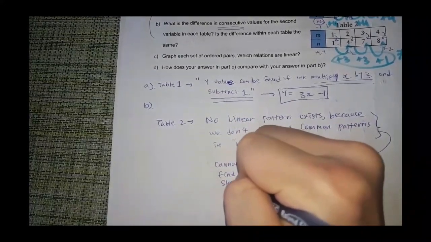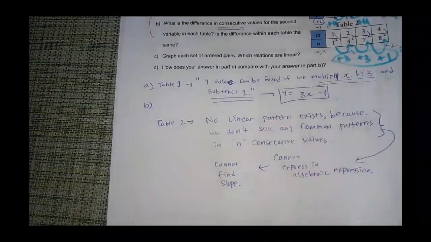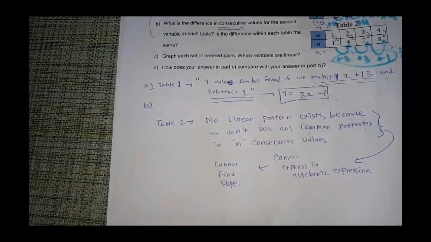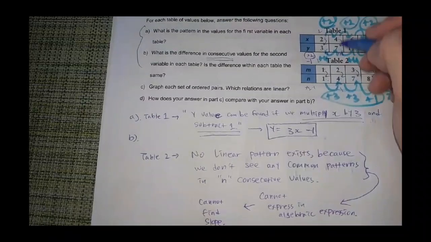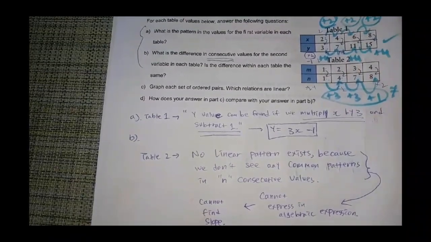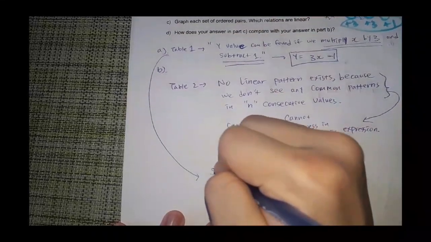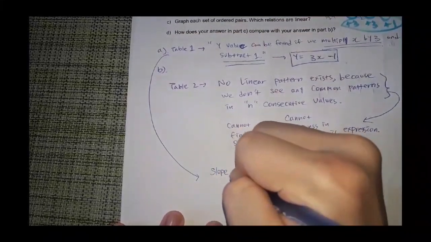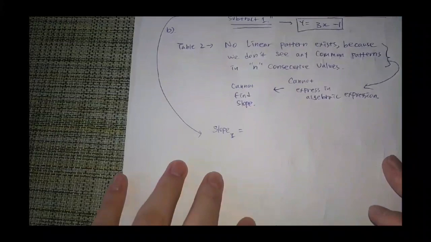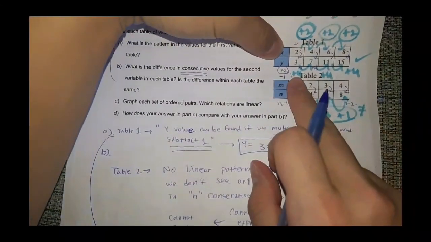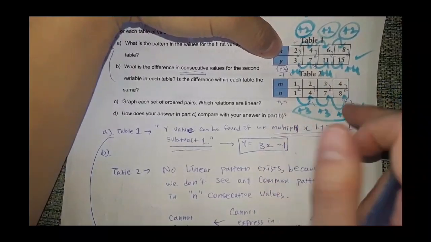Because the thing is, slope is linear. We don't have a linear relationship, so there is no slope. However, do we have a slope in table 1? Yes, we do. The slope of table 1, or I like to say slope big 1. Can you see that my y value, vertical value, increases by 4, right?